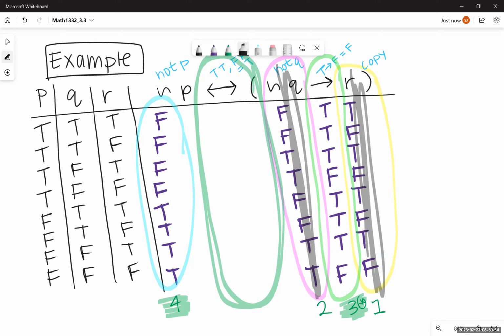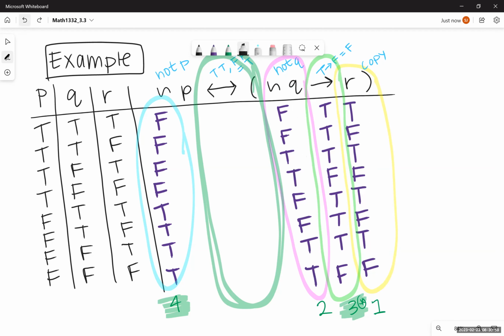What I don't have highlighted in black right now, you just want to compare the 5 to this. This is what we're doing right here. If and only if F would give me a what?